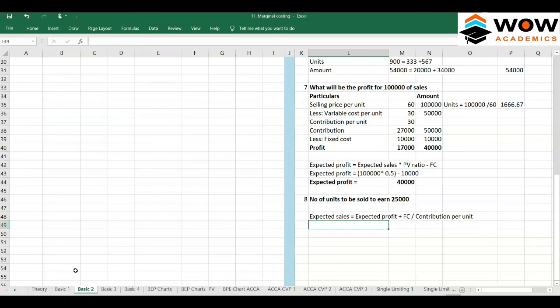We'll do it that way. Our expected profit is 25,000 and our fixed cost, which is always the same, is 10,000. Contribution per unit, we have already found out it's 30. Let's get the answer. You have to put some brackets or else it will not work.